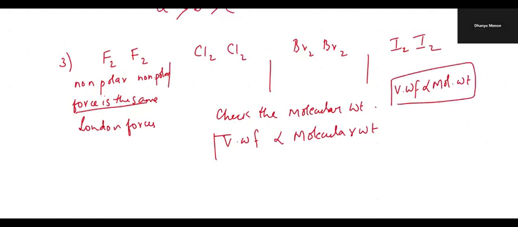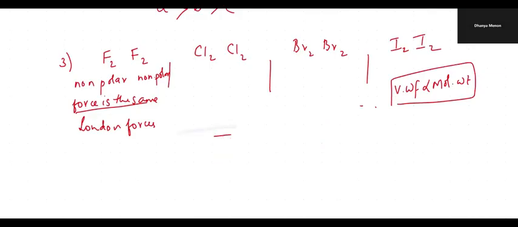Okay, so now suppose I number them A, B, C, and D. Iodine has higher molecular weight because, going through fluorine, chlorine, bromine, iodine, as you're coming down, what's happening to the molecular weight?